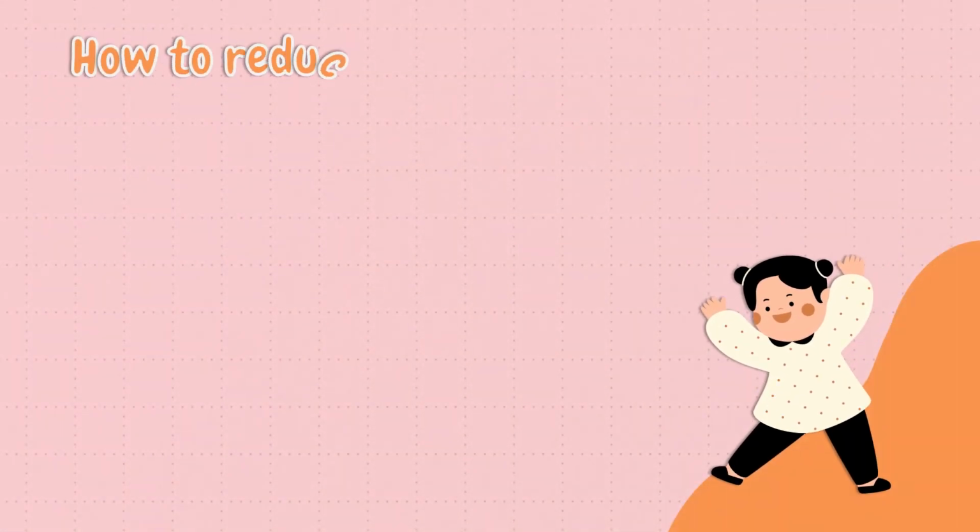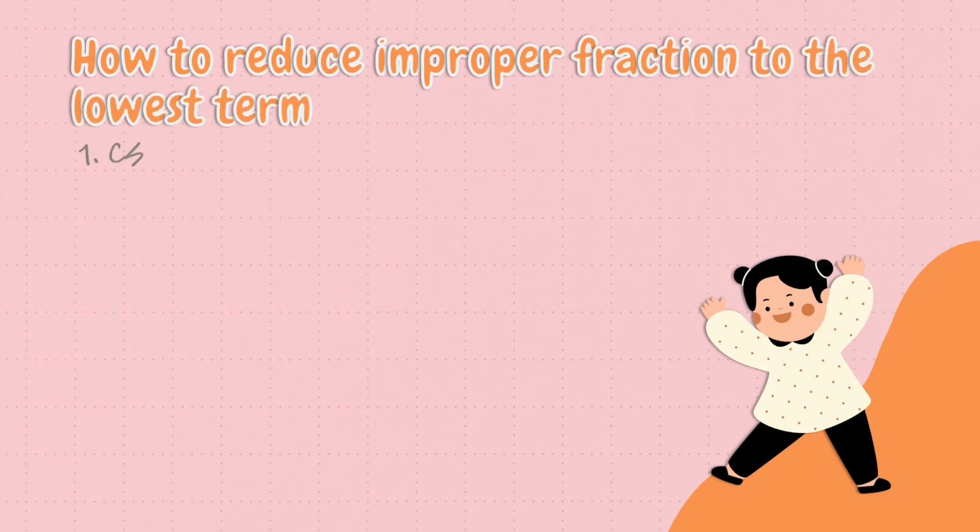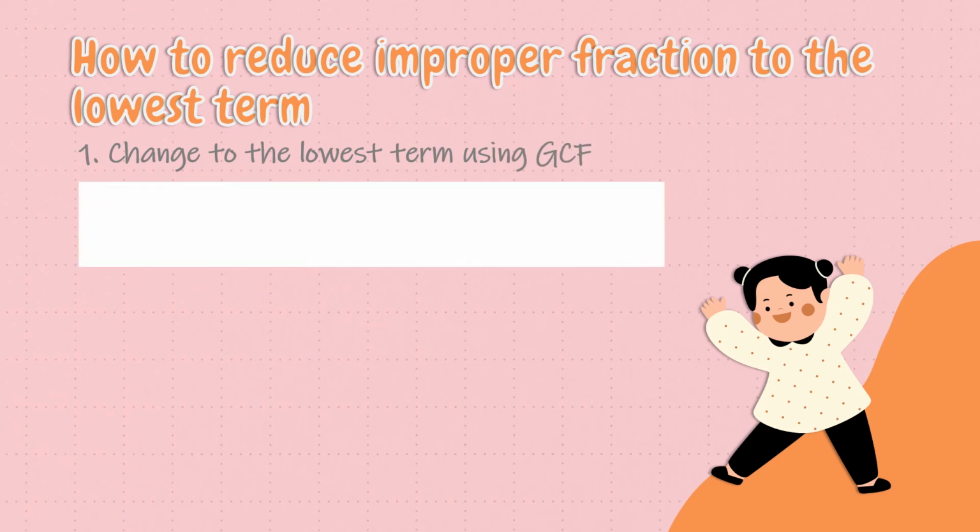Now let's talk about how to reduce improper fraction to the lowest term. Number 1, change it to the lowest term using the GCF. So we need to find the factors of 40 and 32.